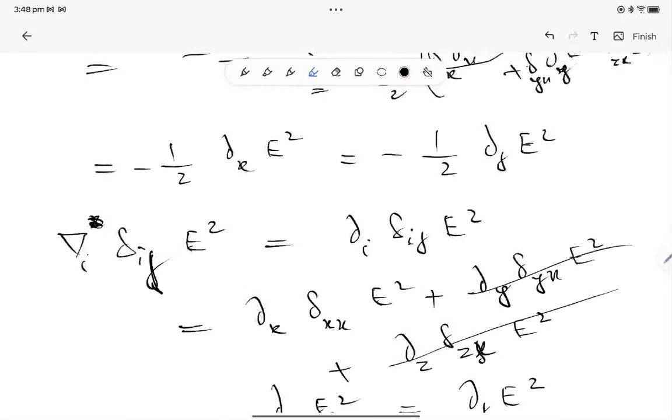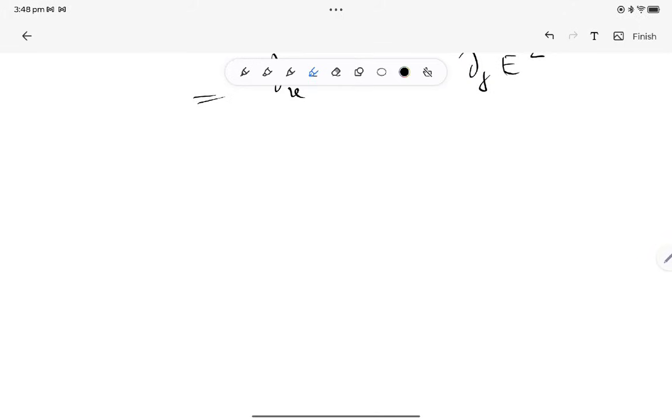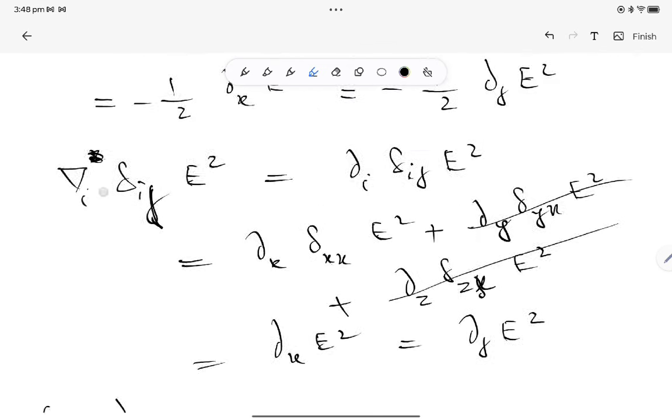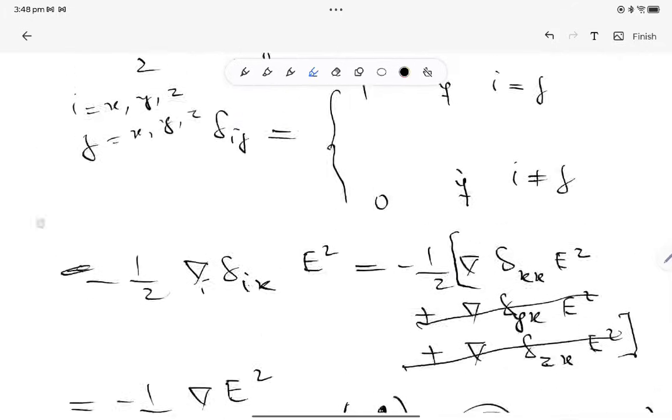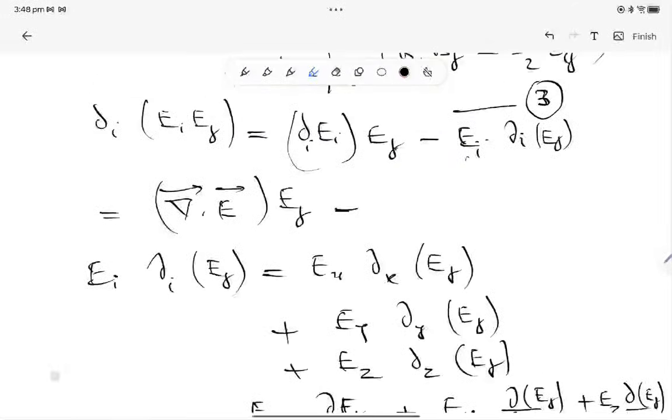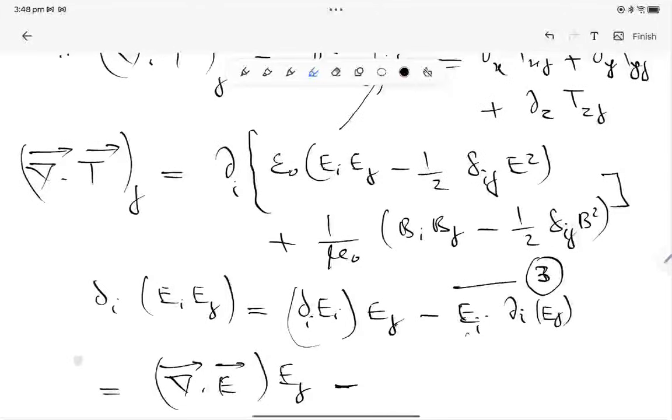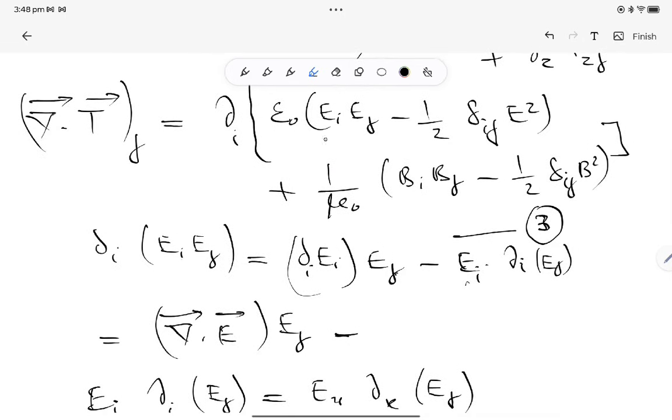Going back to our starting third equation, we have del dot T jth component equal to, we can write now easily this. We have now the value. Let's go back to this third. We have epsilon naught. Then del e i. Now see what we got.